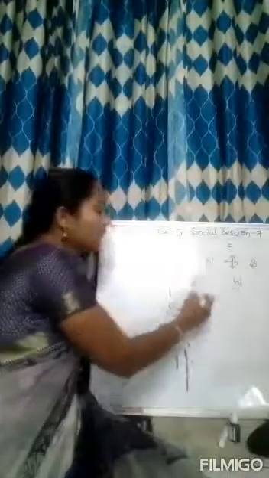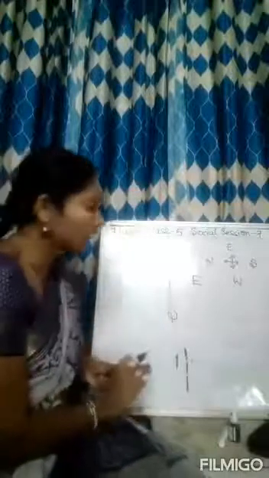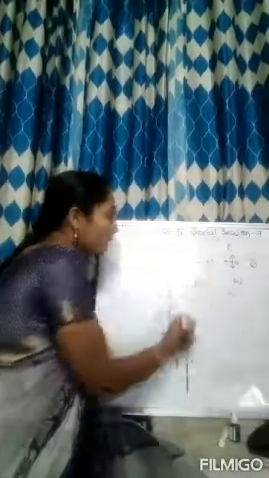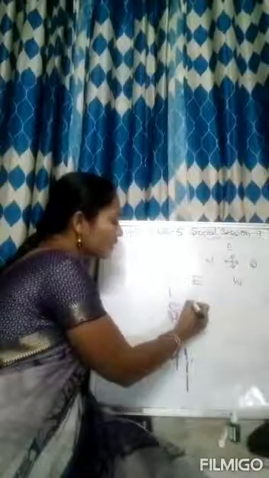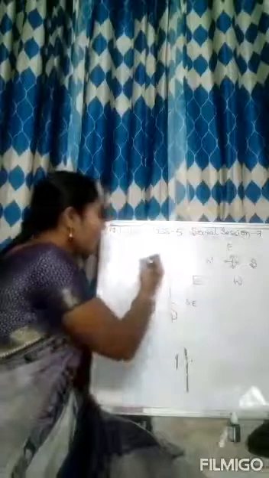Now I am talking about the directions shown in the map. This is where the north is located, this side. And this will be the west and this will be the east. Now in between the north and the east, this is called the northeast direction, this is the southeast direction, this is the southwest direction, and this is the northwest direction.